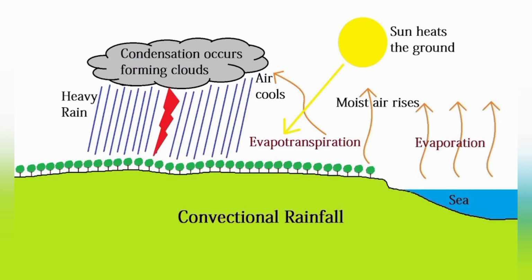Now let's talk about the second type of rainfall, which is convectional rainfall. This happens due to convection. The air near the surface at any point becomes warm and rises because it is warm, in the form of convection currents. So what is convection?